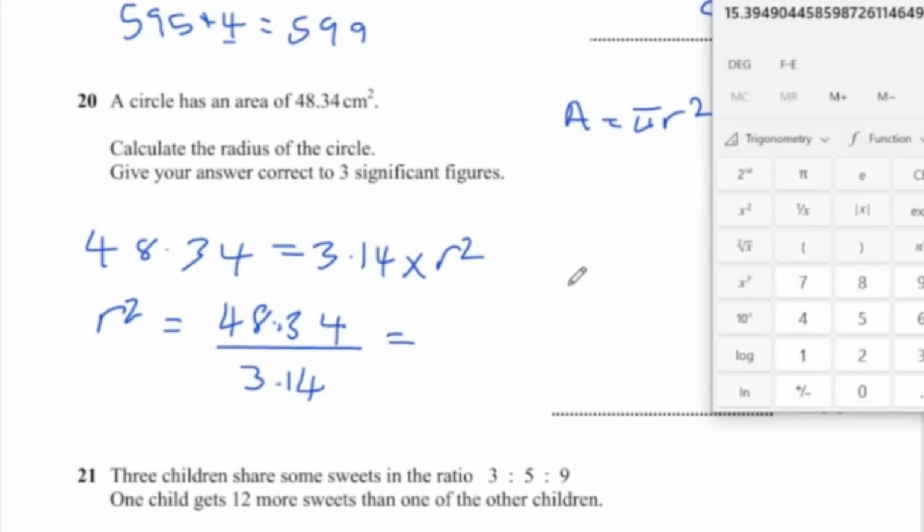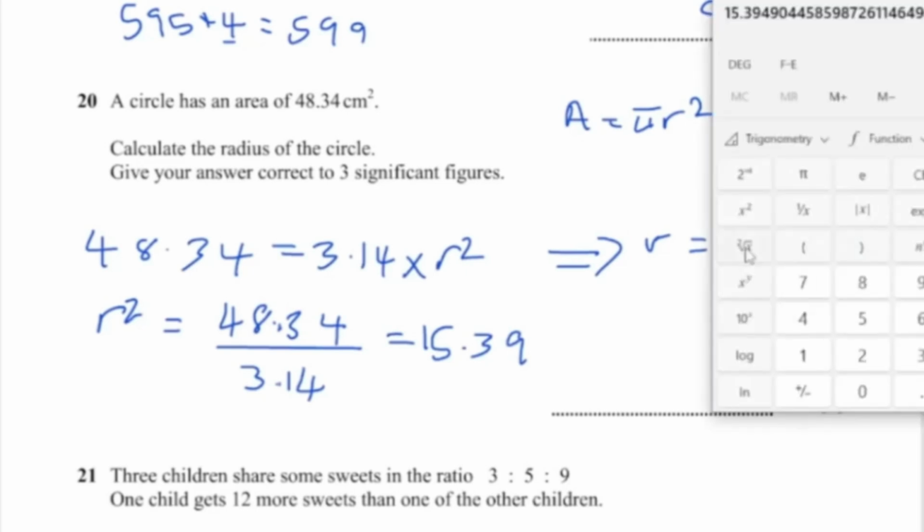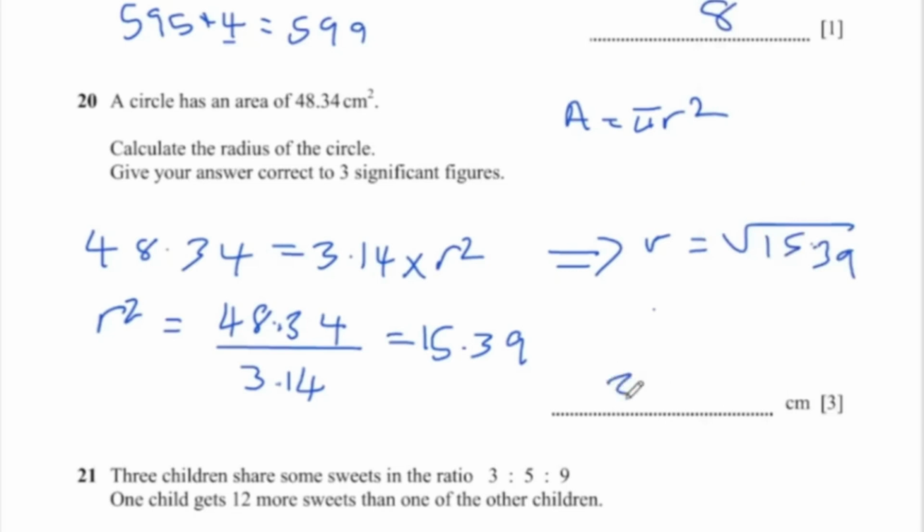And if we take the square root, first of all let's take this 15.39, and therefore r will be the square root of it. If we take that square root, we get 3.92 approximately. So here is 3.92 to 3 significant figures and to 2 dp. So that's our answer to question 20.